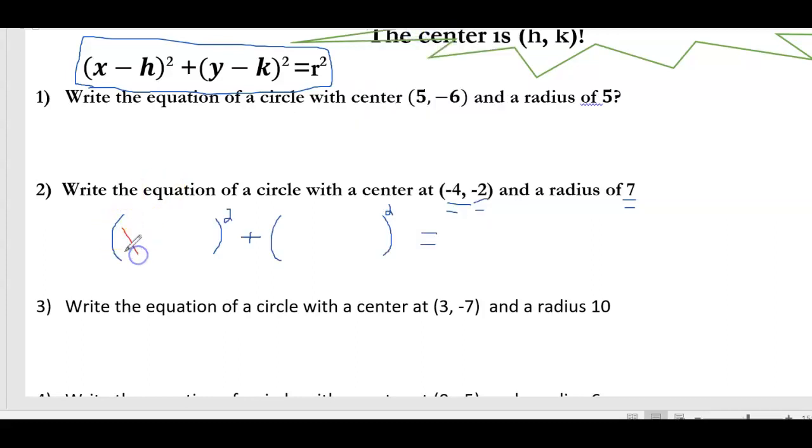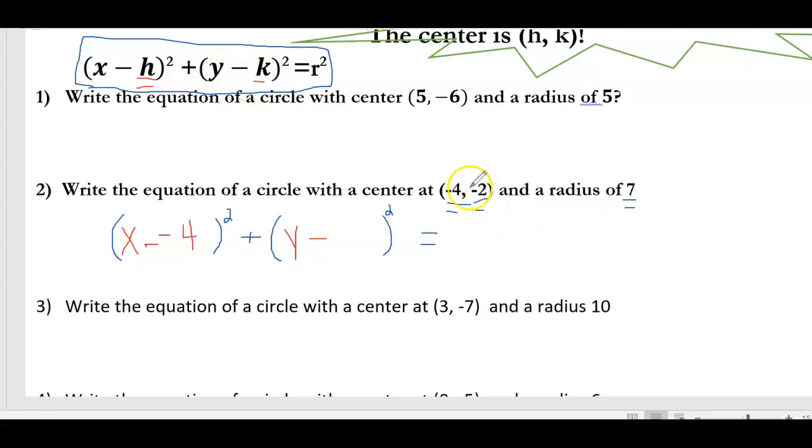There is always an x here. There's always a plus here. There's always a y here. There's always a minus. Okay, so x minus my h value. H is negative 4, so I'm going to put negative 4. And then my k, y minus k.